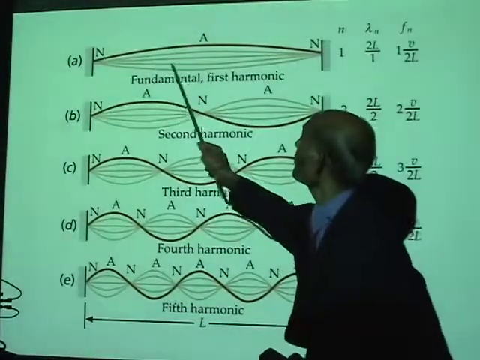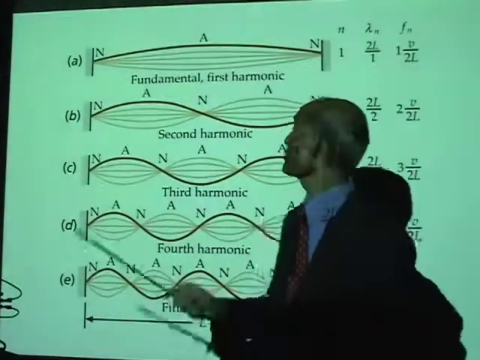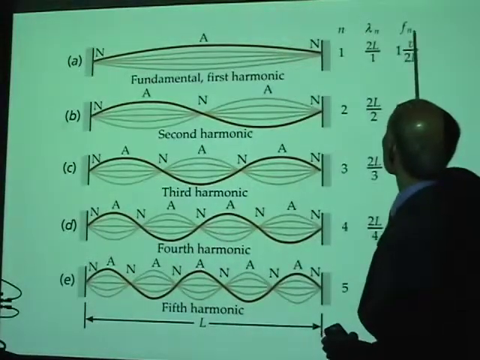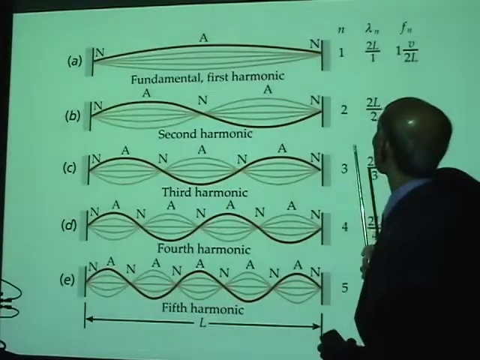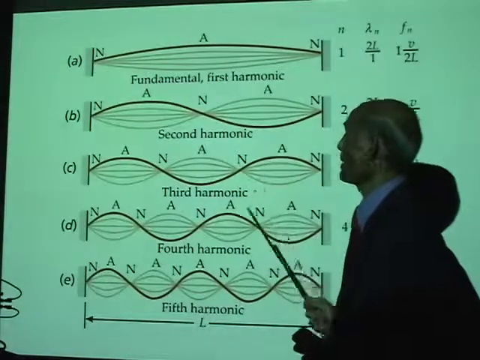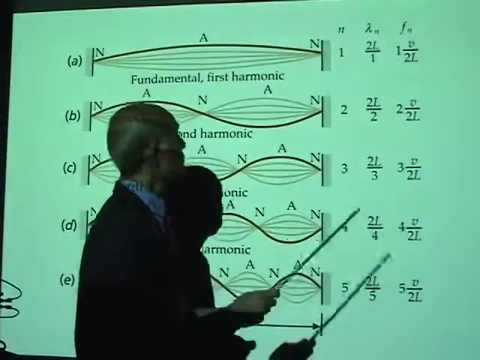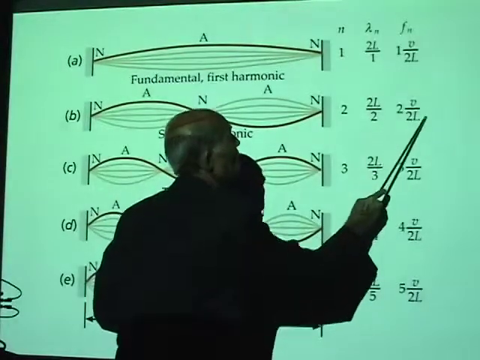The fundamental is the first harmonic. And what is the frequency of the fundamental? The frequency of the fundamental is V over 2L. What is the frequency of the second harmonic? The frequency of the second harmonic is 2 times the fundamental.